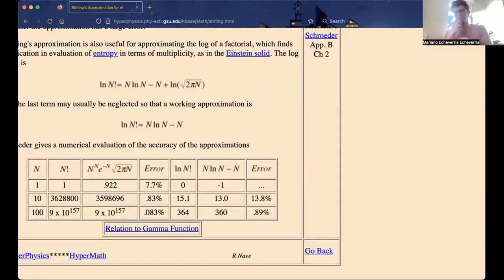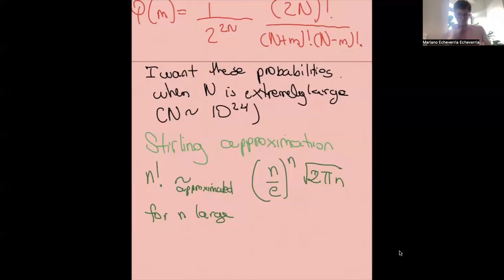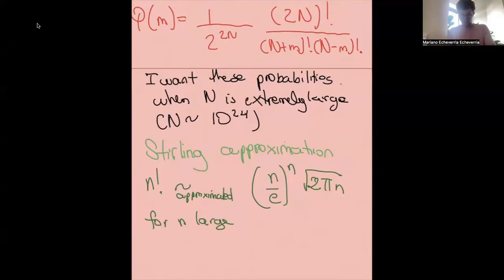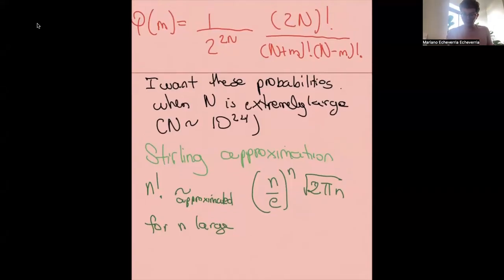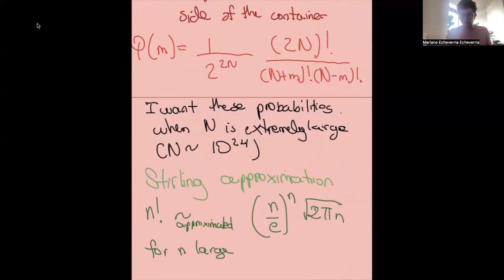Is that making sense? So let's try to apply this Stirling approximation. This is also a good way to rewrite the probabilities, or these factors, because if you write it in this way, n appears explicitly in both terms.